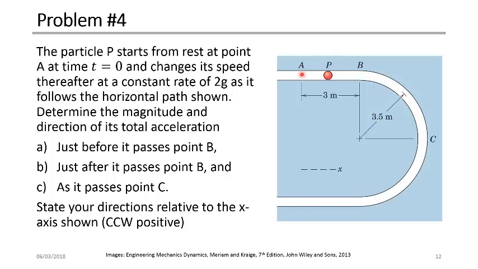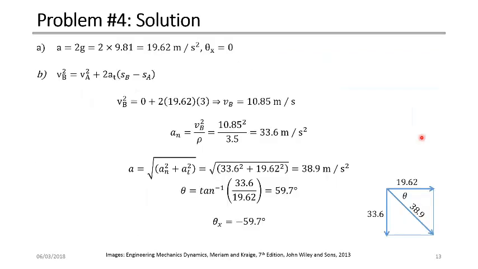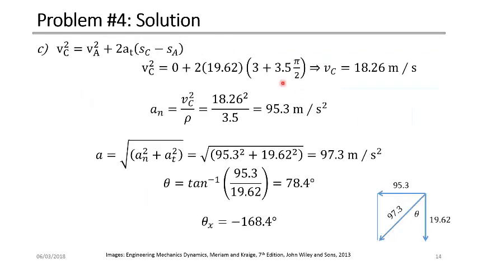So the total distance is 3 meters plus 3.5, which is r multiplied by the angle in radians, pi divided by 2. Based on this equation, we get the velocity at C. v_C is 18.26 meters per second.